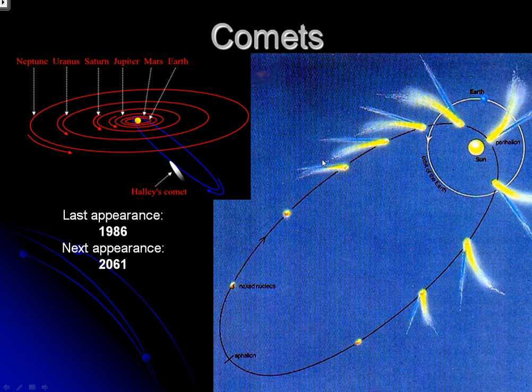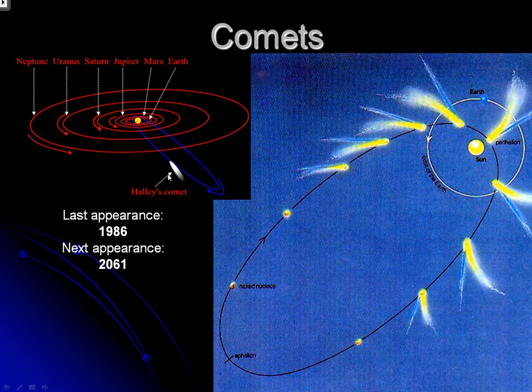And this starts to steam and boil off the comet. And it produces this tail that shines in the sun's light. This tail will always point away from the sun. Doesn't matter in which direction the comet is moving. Even at this point in the orbit, when it's moving this way, the tail will point away from the sun.